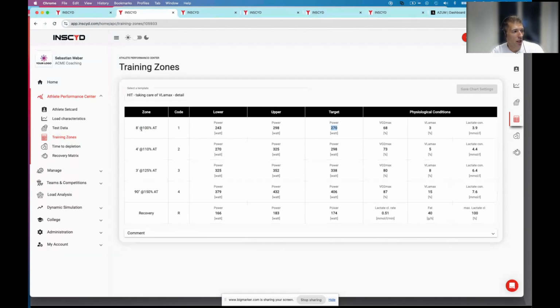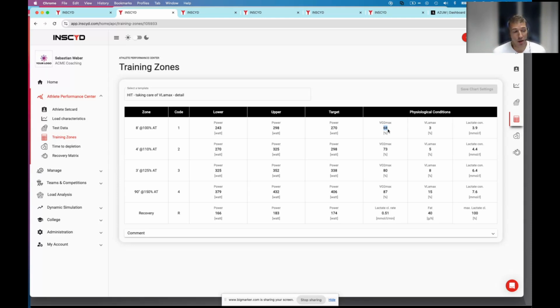So staying for 8 minutes at 270 watts, so at 100% of threshold, elicits an average 68% of VO2 max. Remember, before we said threshold sits at about 74%, but because it takes time for VO2 to go up, the average is just 68%. So not super high, right?